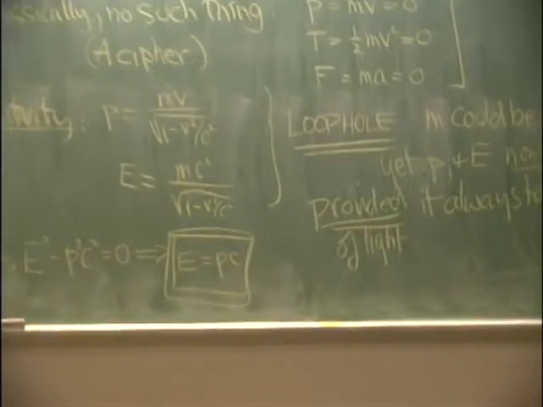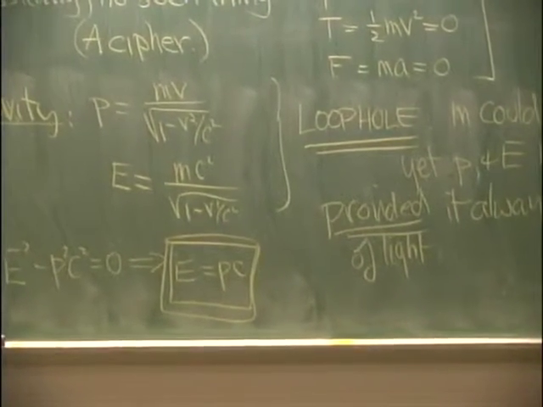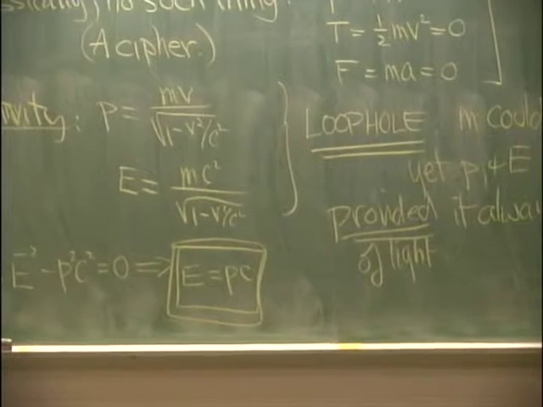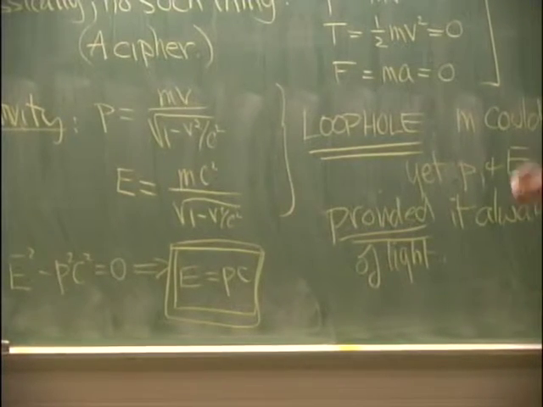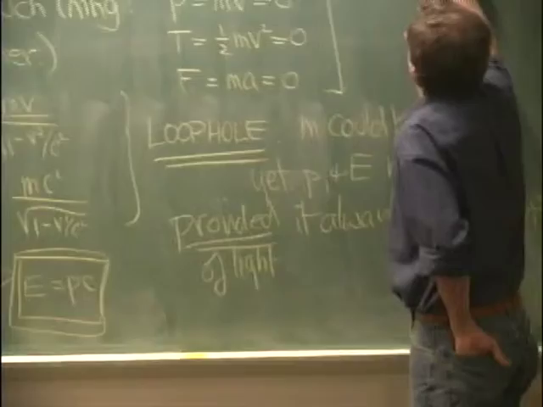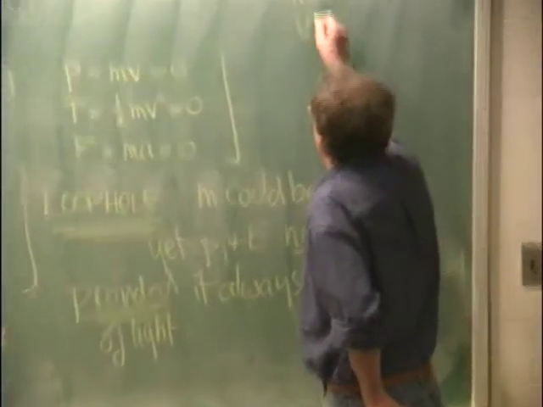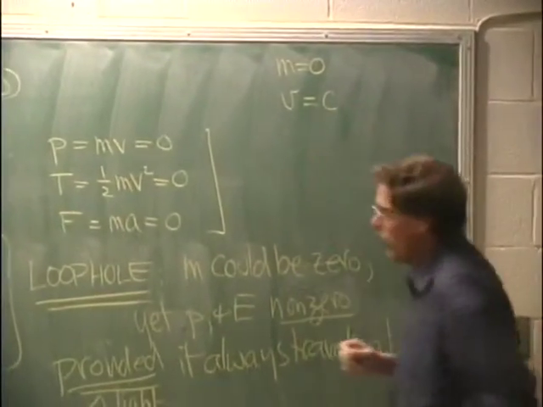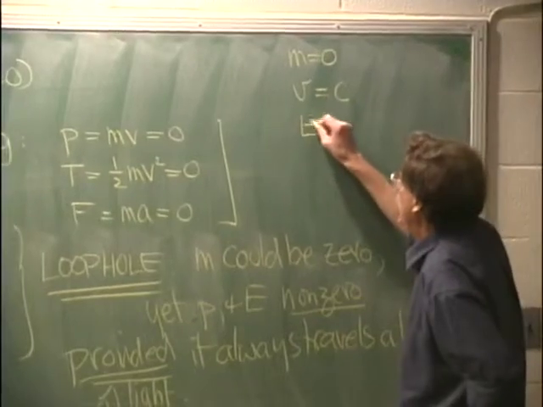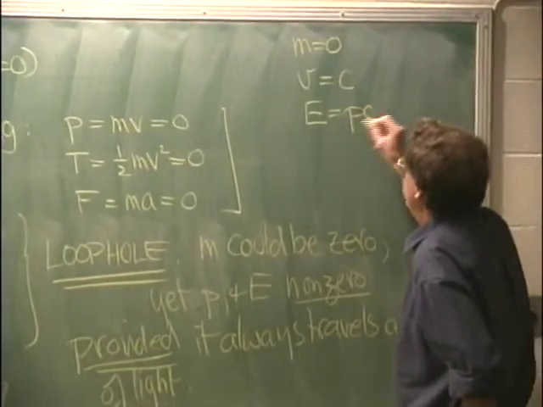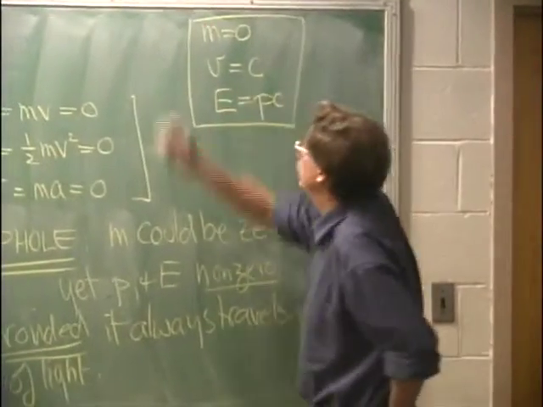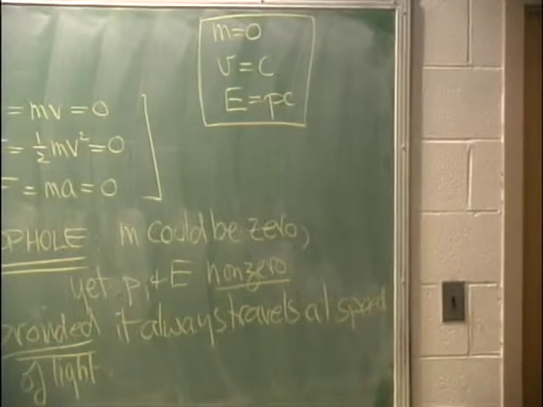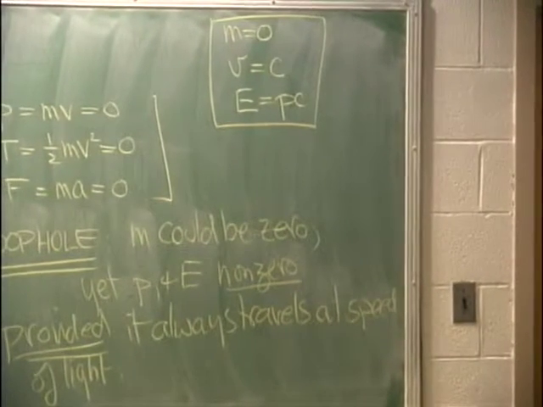What's the conclusion? In relativity, we can just barely conceive that there might be massless particles, m equals 0, provided that the velocity is c, they always travel at the speed of light, and E is equal to P times c. So those are the three conditions for massless particles. Personally, I would regard this whole argument as a joke.